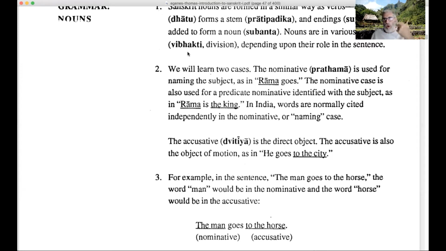The word nominative, or nomenclature in English, comes from nomen, which is Latin and means name. It means to name something. So the nominative case, also called pratama vibhakti, the first ending, first case, first division, is used for the subject of a sentence, an active sentence.